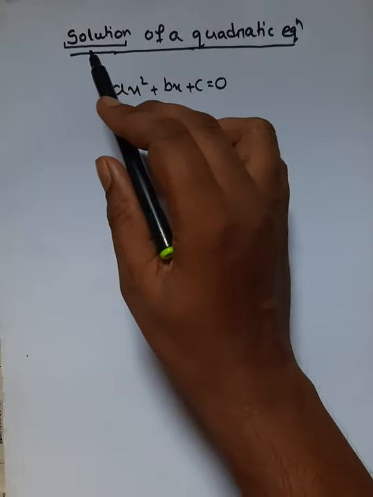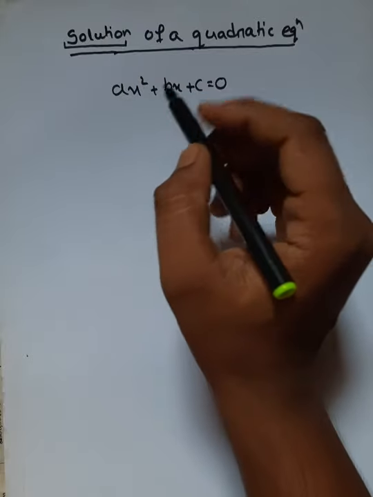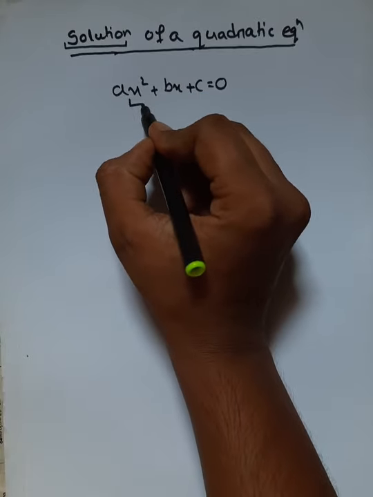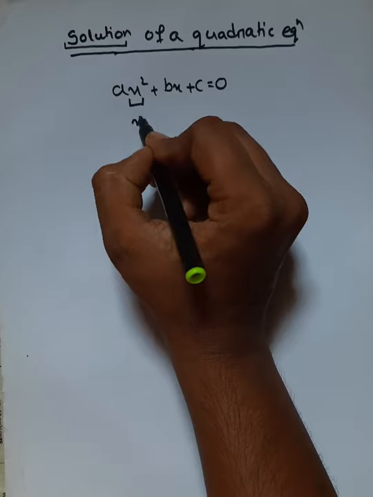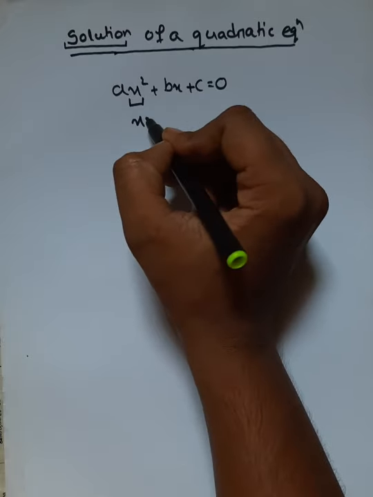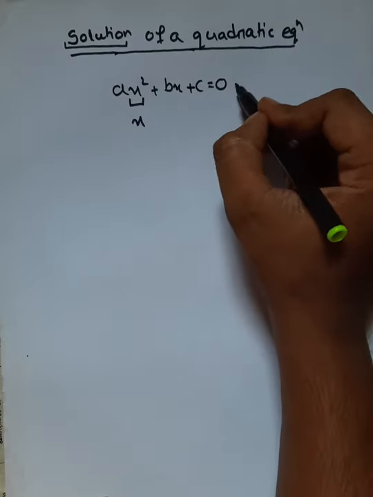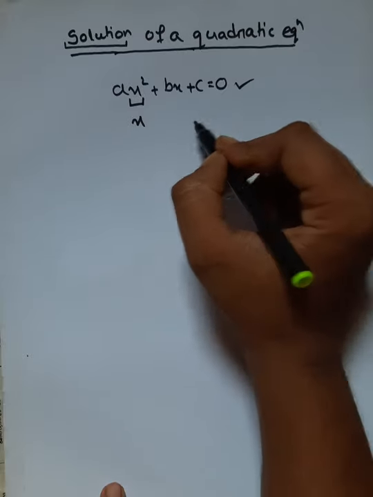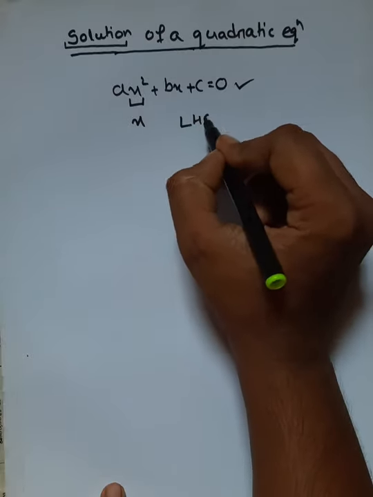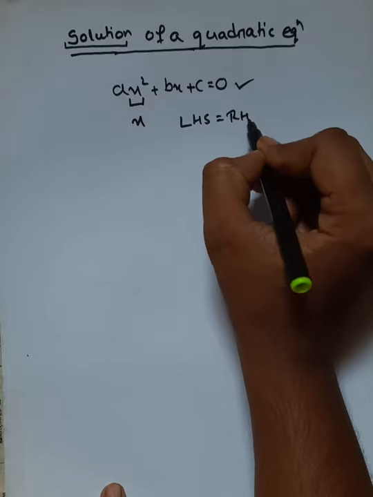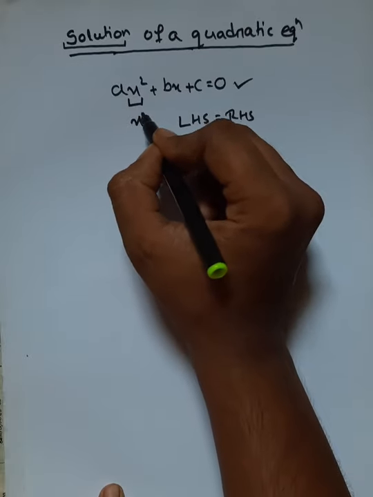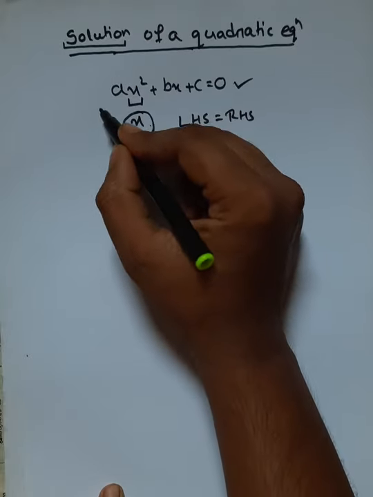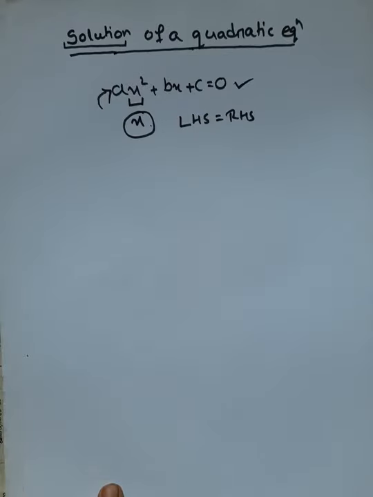See, the meaning of solution means we have to find such values of x for which this equation is satisfied. That is, LHS becomes RHS. Okay, that value of x is called solution of this quadratic equation.